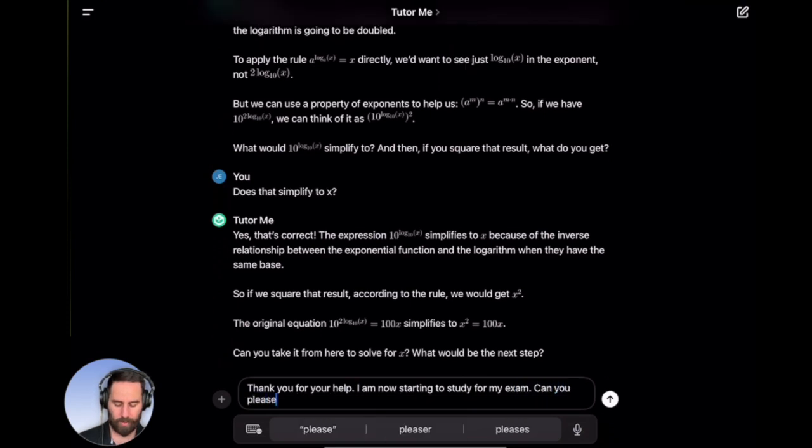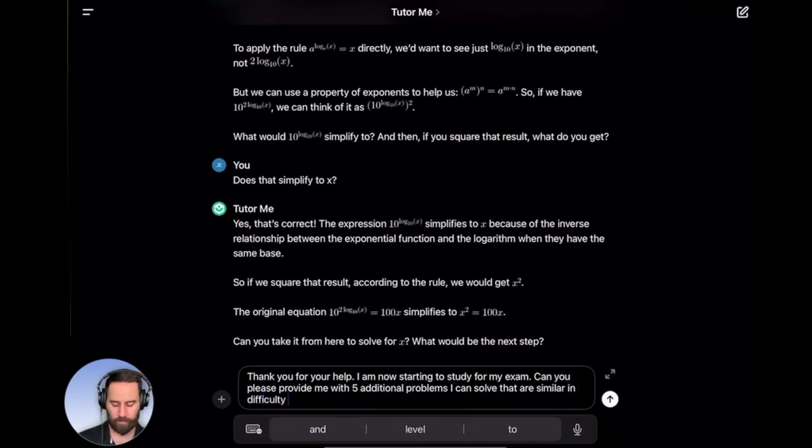Can you please provide me with 5 additional problems I can solve that are similar in difficulty level to all of the practice problems I uploaded.